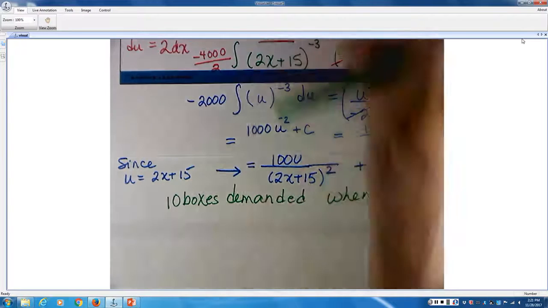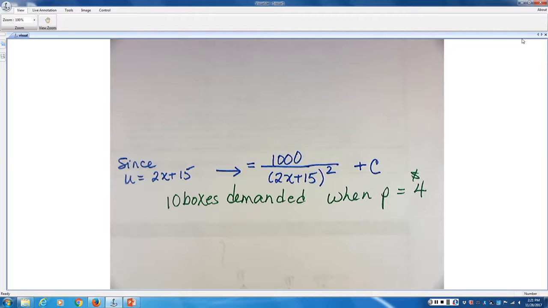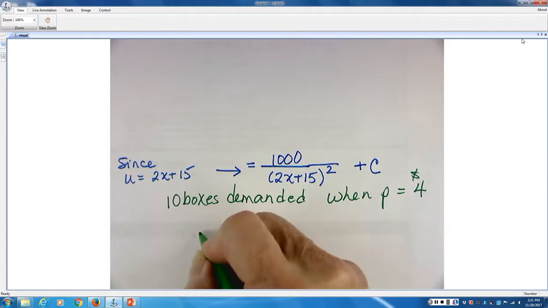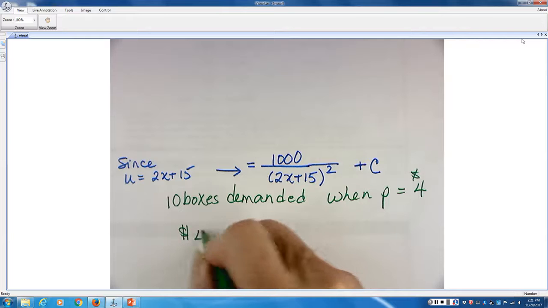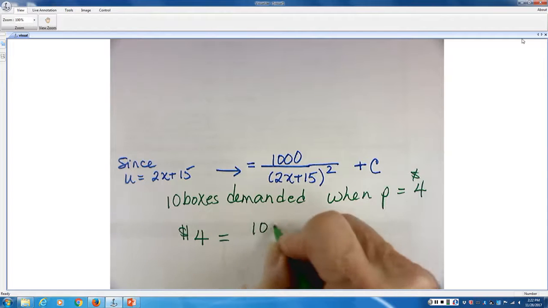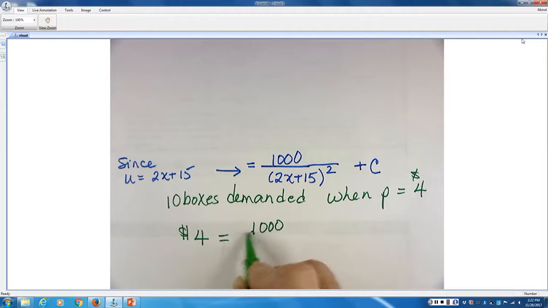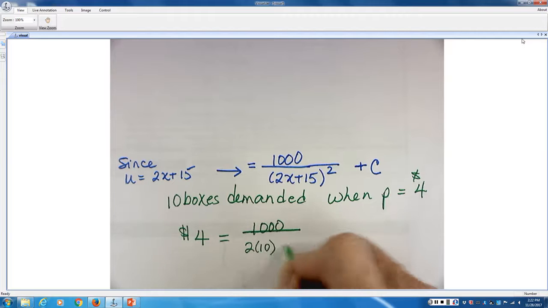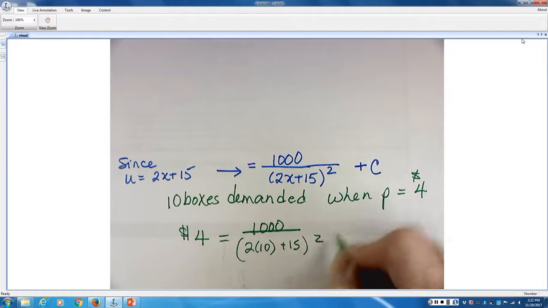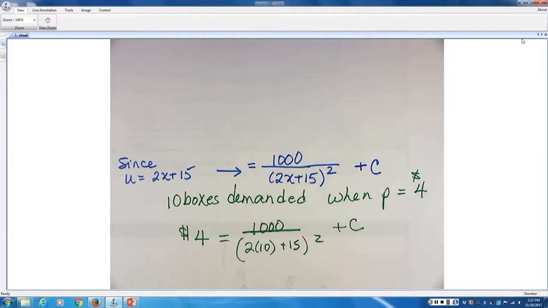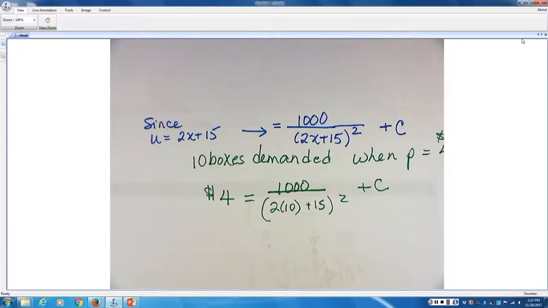And since the demand is the demand price, that means we've got $4 is equal to 1,000 over 2 times 10 plus 15, quantity squared, plus the constant. And the only thing we don't know then is the constant.